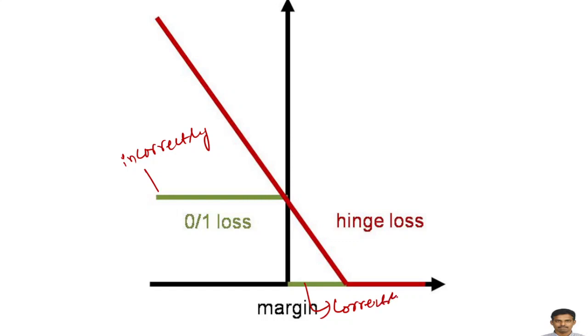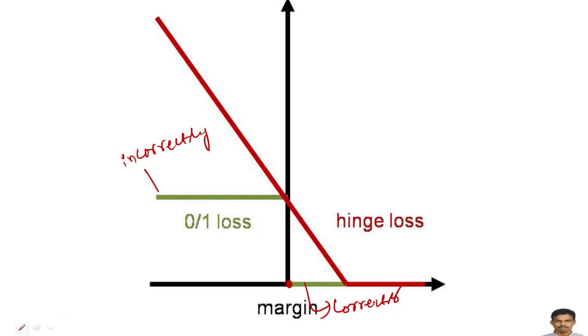That is 0-1 loss. We realized that 0-1 loss is not continuous at 0, and since it is not continuous at 0, it is not differentiable.